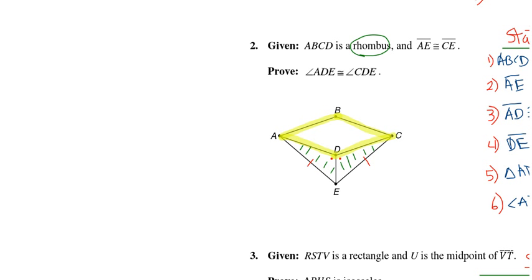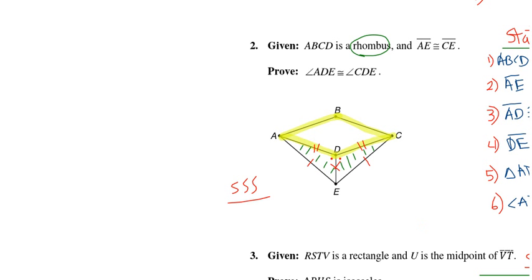So those are congruent. And finally, we also have here DE being shared by both triangles. So by the reflexive property, we have another pair of sides that are congruent. So we have side, side, side. In this case, that's the only method to prove. There's no other way to do it.